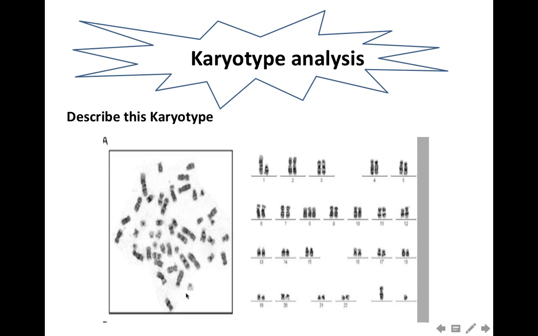Here you have a metaphase that has been arranged into the groups of chromosomes as we described earlier, and we will be looking for the number of chromosomes. You can see here each pair is present for all chromosomes except chromosome 8. You have 3 copies instead of 2 copies. And here you can look for the sex chromosomes. You have an X and a Y, so this is a karyotype of a male.